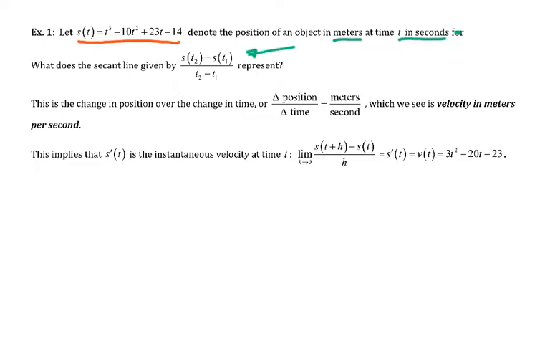Well, this is the change in the y values, but in this case, it's the change in position over the change in time. So this would be the average velocity over that time interval. The change in position over the change in time. Think of that. It's meters per second.